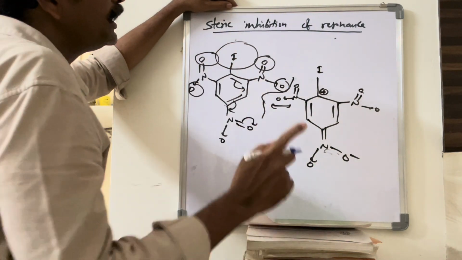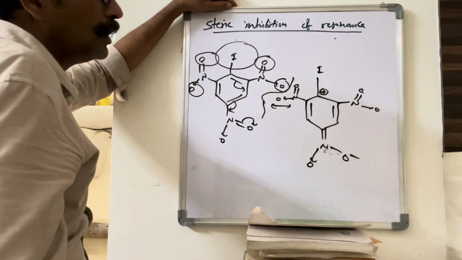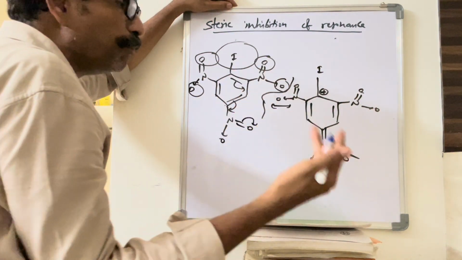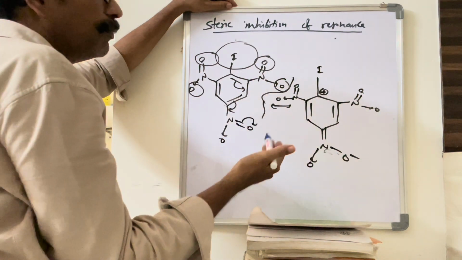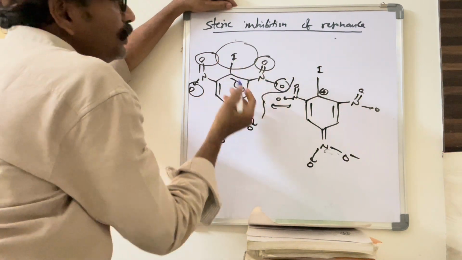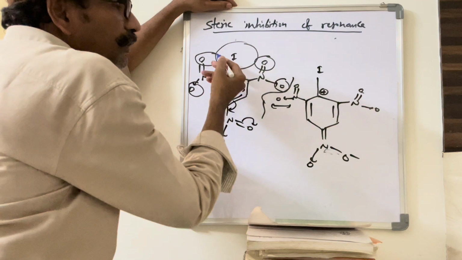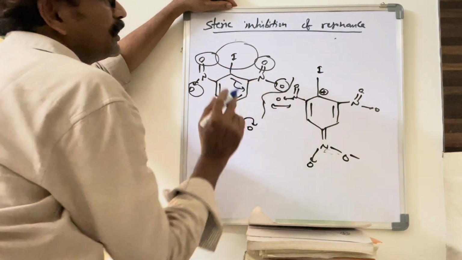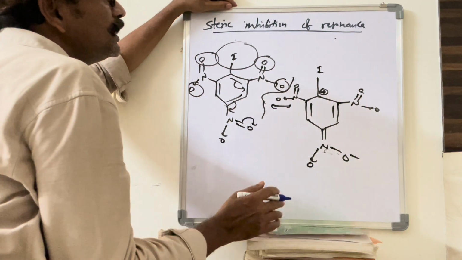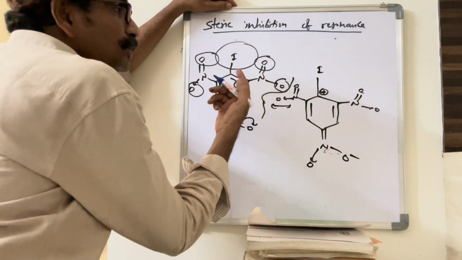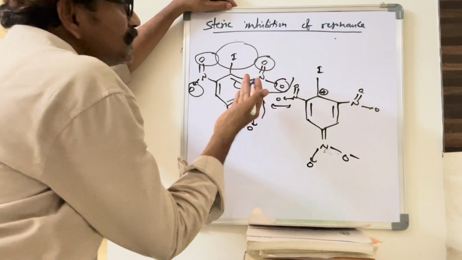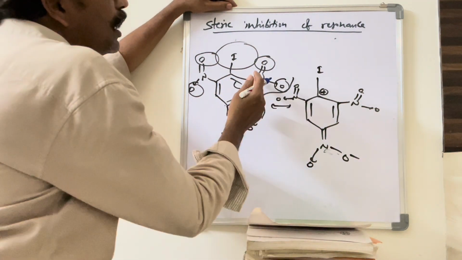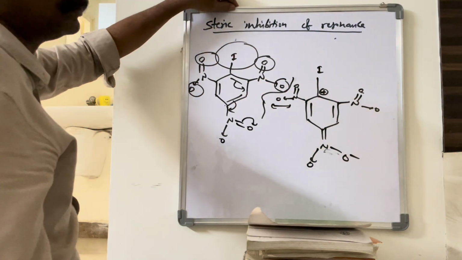If planarity is absent, partially reduced, or completely prevented by the steric effect of a group, resonance is diminished or prevented. Here the resonance is diminished because of the steric effects of the oxygen of the ortho-NO2 and the iodine atom.